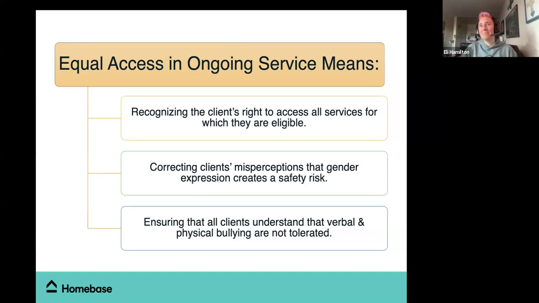And that's just not an actual danger, right? In fact, gay and trans people are much, much more likely to be on the receiving end of violence or harassment than to be perpetrating that. But it is a fear that people have. So being able to educate and talk to people about that fear is important.